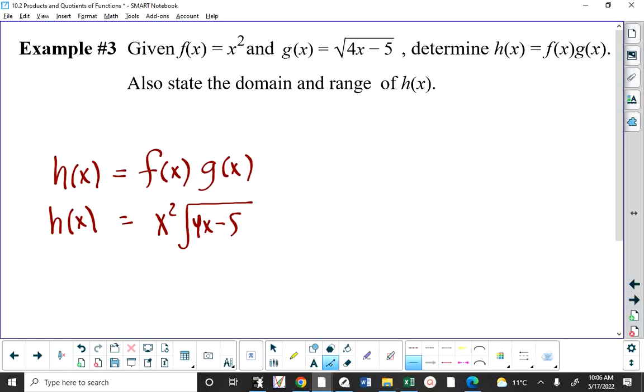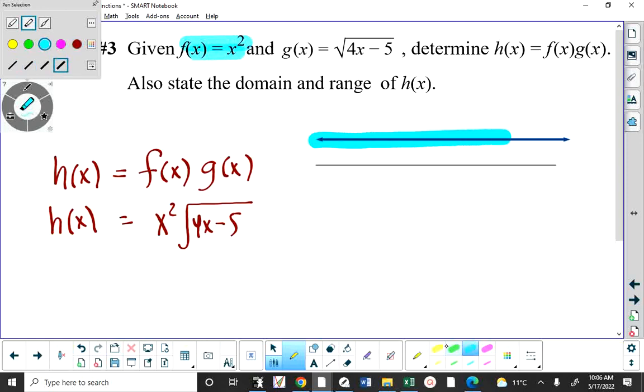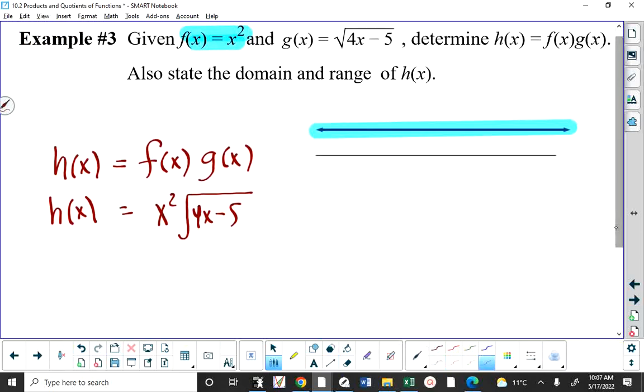If you were to take a look at the domains, the domain of y equals x squared is this. The domain of root 4x minus 5, well, I guess we got to figure that out. 4x minus 5 cannot be negative, so it must be greater than or equal to 0.